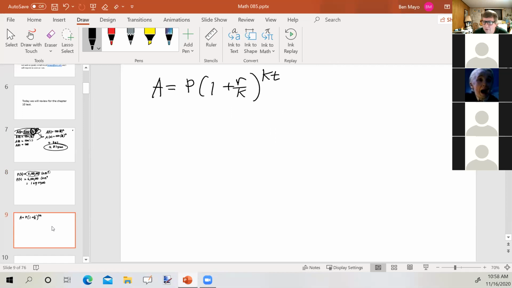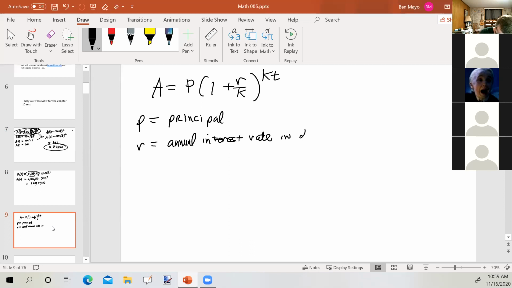This is the formula for compound interest, where P is the principal, R is the annual interest rate in decimal form. So in other words, not as a percent. We might be given it as a percent and then we have to convert it. K is the number of compoundings per year.